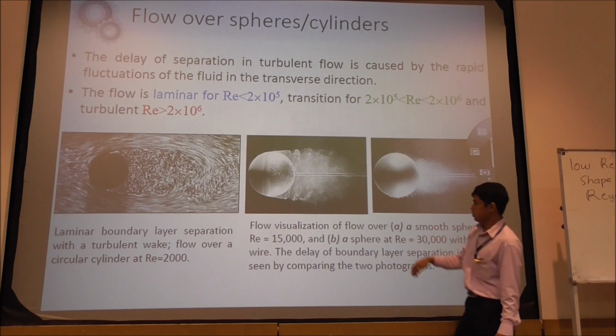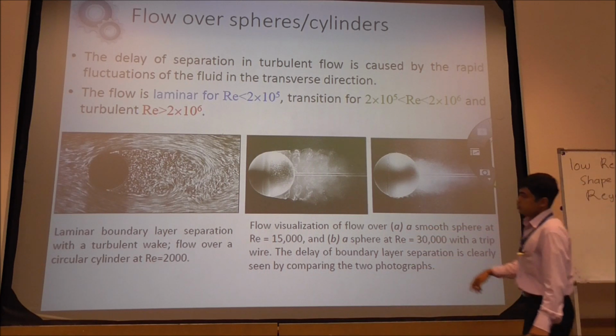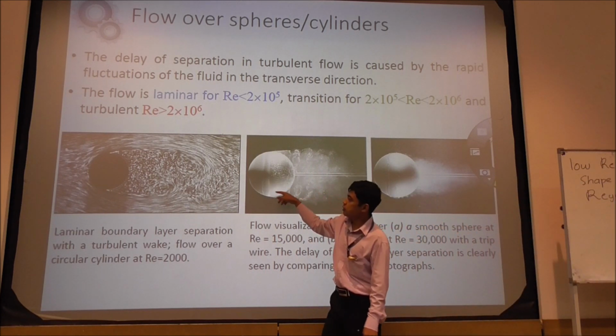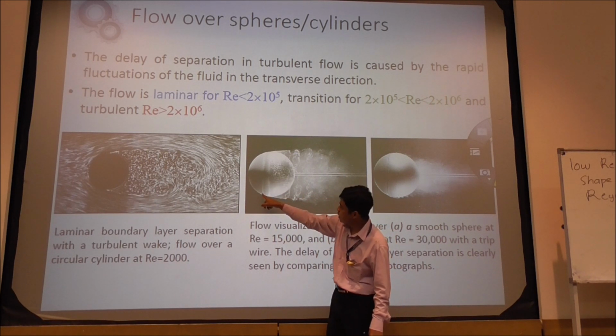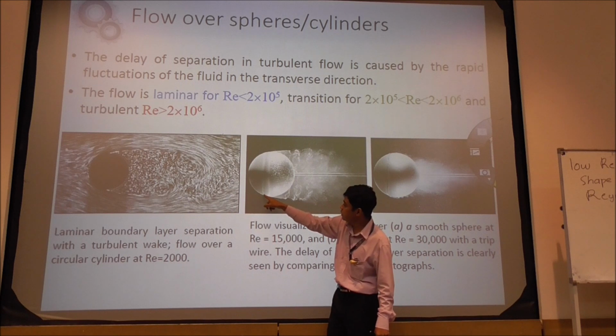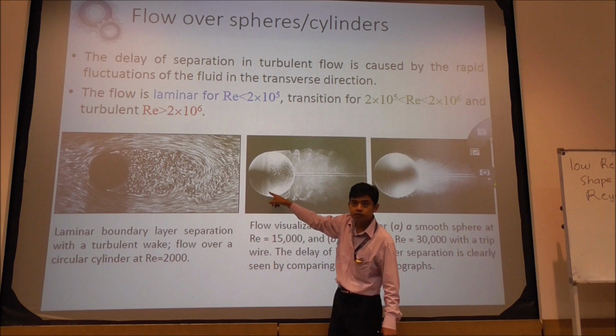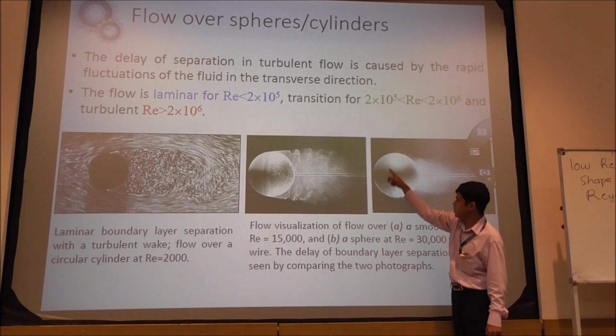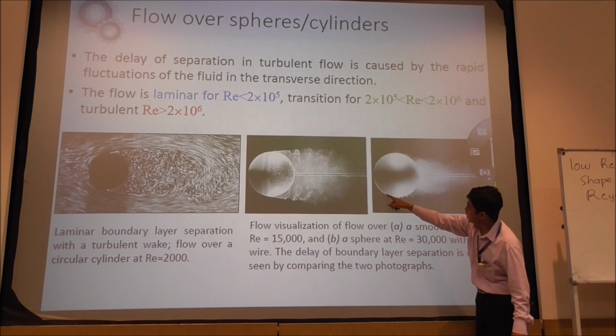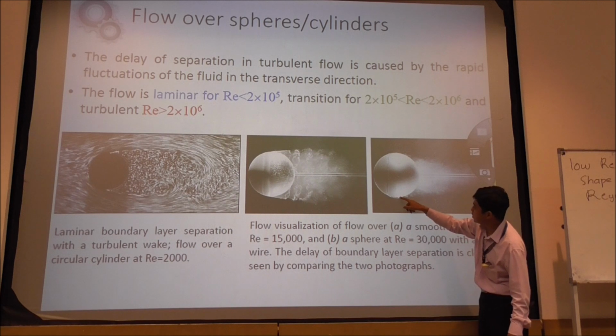One way is by introducing a strip. You can see here. This is a smooth sphere. This is a smooth sphere, right? When you have a smooth sphere, you can see the detachment starts from here. Yes. Okay? But then, when you introduce a wire like this, then you can see it detached, but then it reattached again.